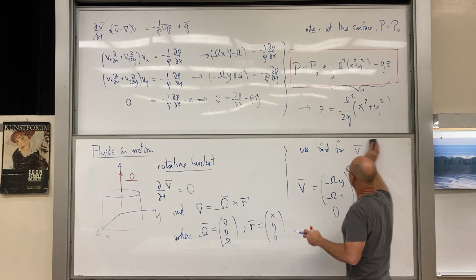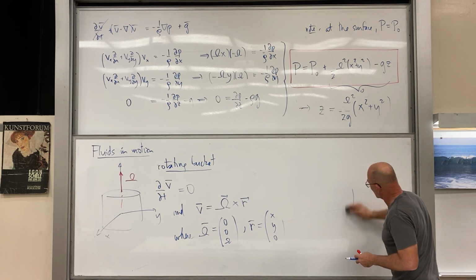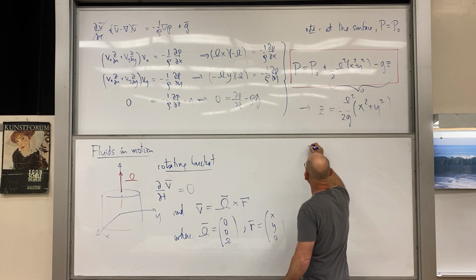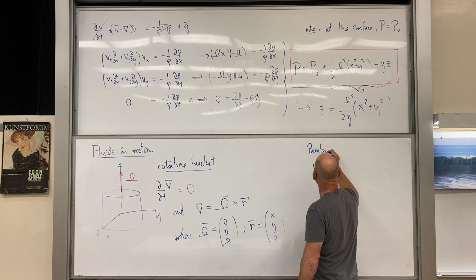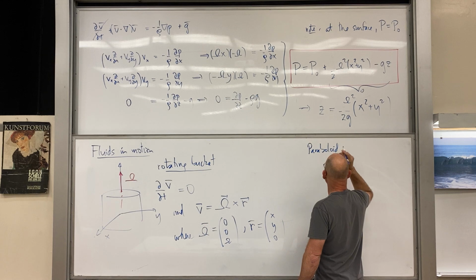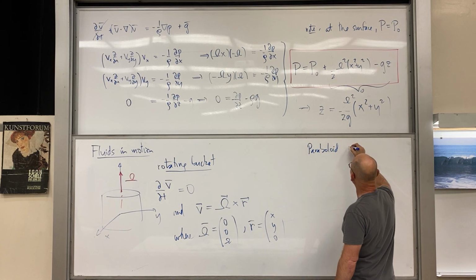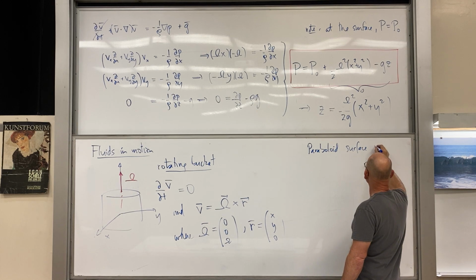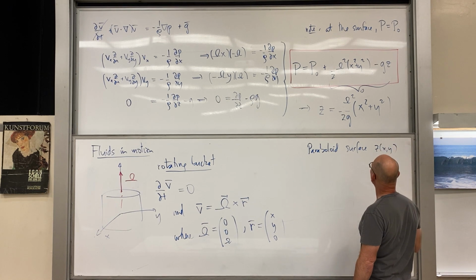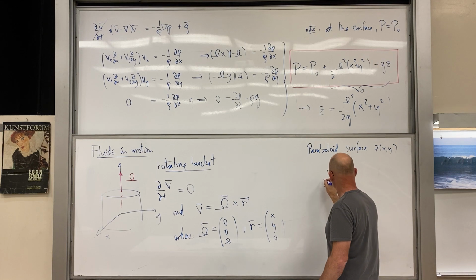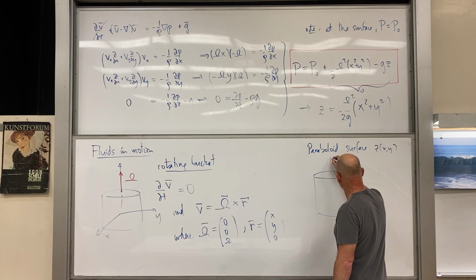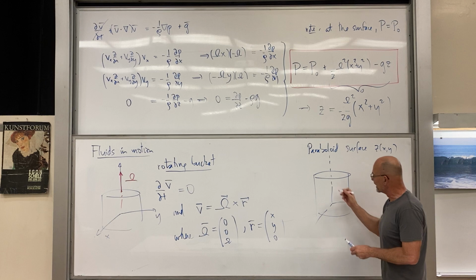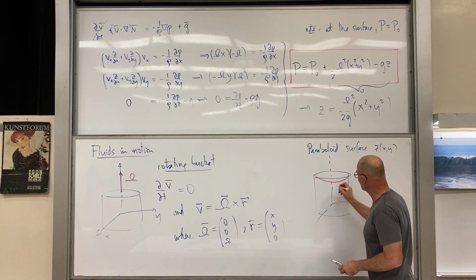Good, so there's the shape, and I'll just write a note or two right under here. Surface Z of x and y. If you were to draw this again, and you've got your axes, then the fluid has this paraboloid shape.